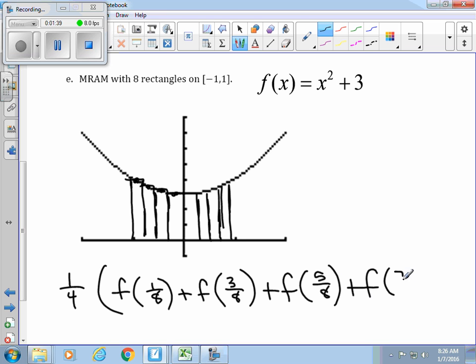And 7/8. Now, I'm lazy, so I'm going to tack a 2 in front of that. Why can I do that? Because it's the same, it's a symmetrical curve. So instead of doing f of 1/8, f of 3/8, I could do f of -1/8, f of -3/8. I get the same thing.